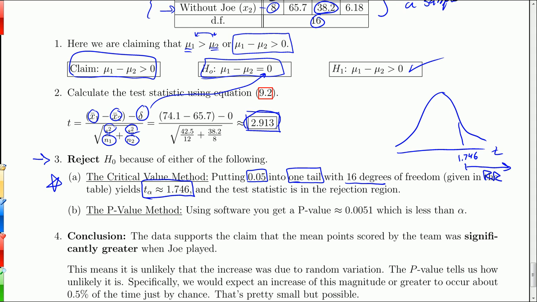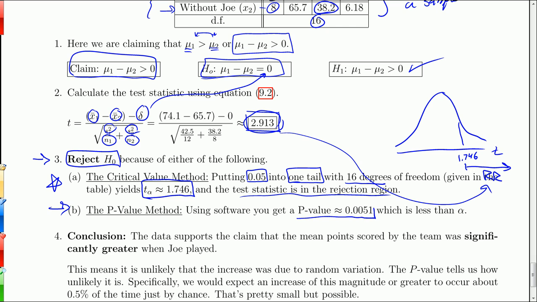And my test statistic, 2.913, is certainly in the rejection region. We reject H0. If you have software, you can calculate the p-value, and it turns out to be 0.0051, which is certainly smaller than alpha, which in this case is 0.05, the significance level.